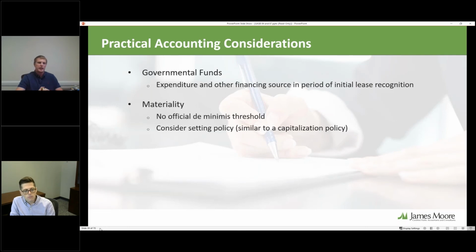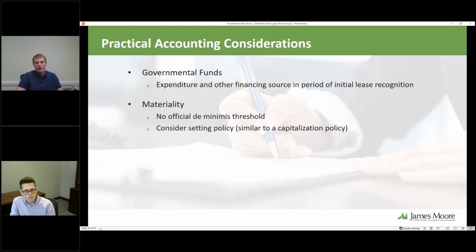So some practical accounting considerations on the governmental fund financial statements. When the lease is initially recognized, you're going to have an expenditure and another financing source revenue in the period of the initial recognition. Materiality, there is no official de minimis threshold established by GASB 87.